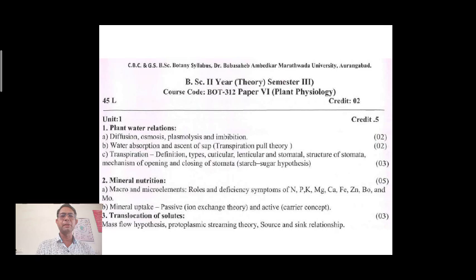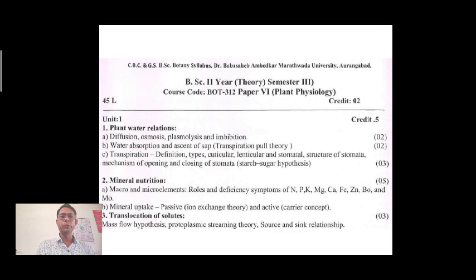These are the basic terminologies related to plant water relation, and along with these, water absorption, ascent of sap, and transpiration are included in unit number 1, which has 5 credits in all. The lectures are 2, 2, 2, 3, 5, which are to be conducted for this particular portion.